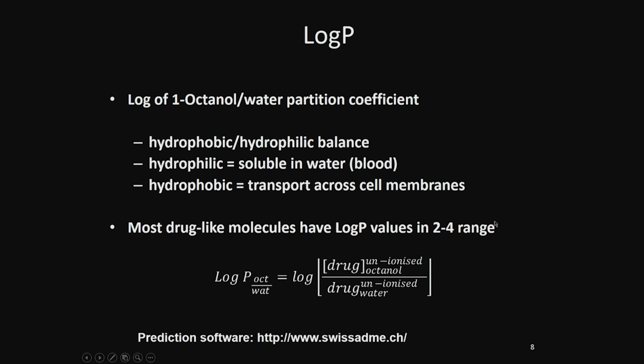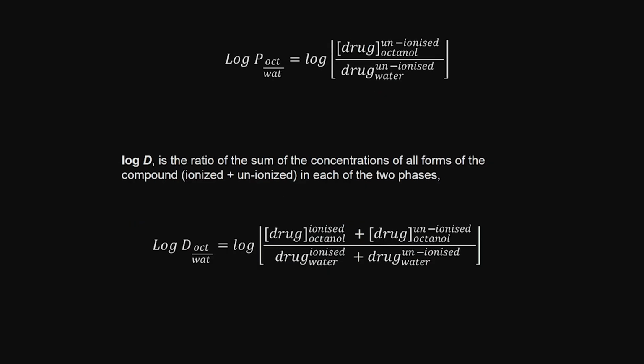Generally, if you have a molecule you are testing and you feel the log P is not in this range, be careful, it may have poor solubility or bioavailability and so on. This equation is valid for unionized compounds. There is another term called log D, that is for ionized.